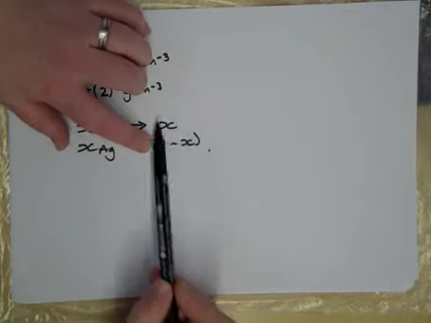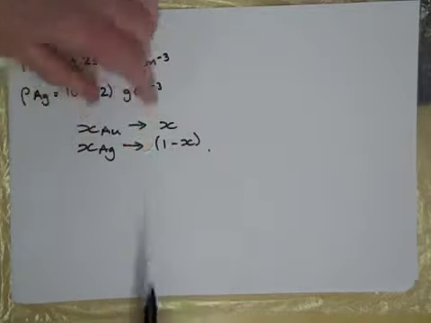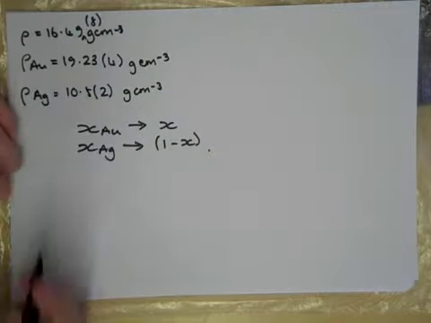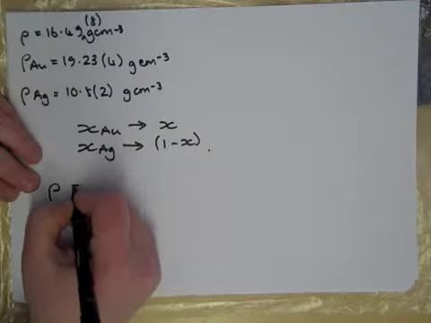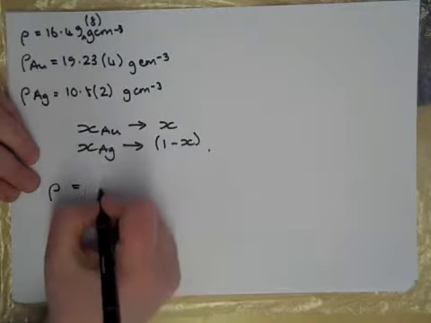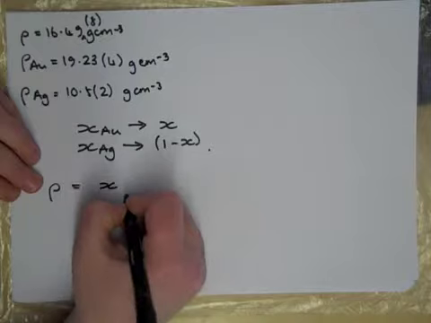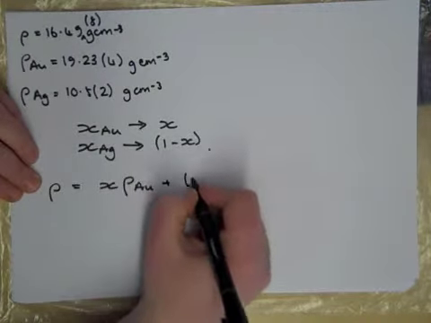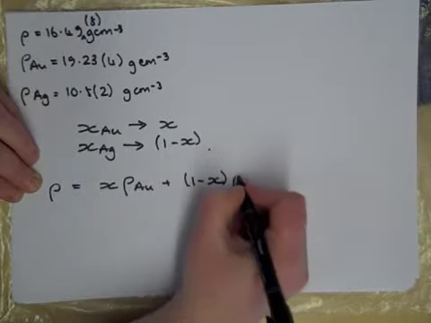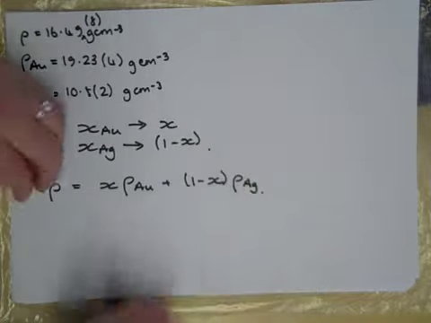So overall I have something which adds up to 1. And so what I'm going to do is say the density of my mixed material is equal to the proportion of gold multiplied by the density of gold plus the proportion of silver multiplied by the density of silver.